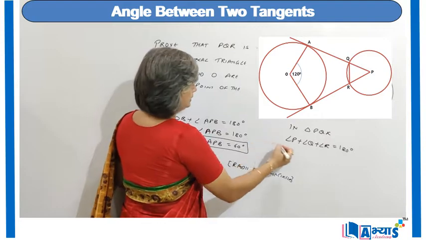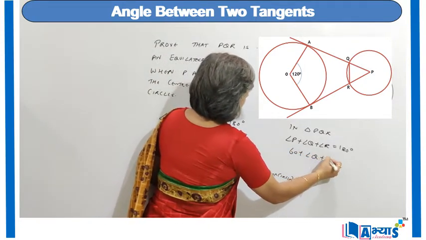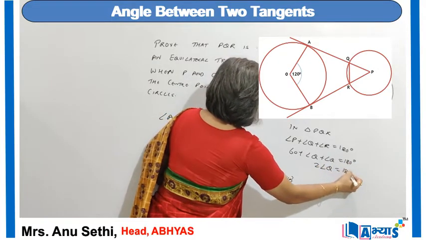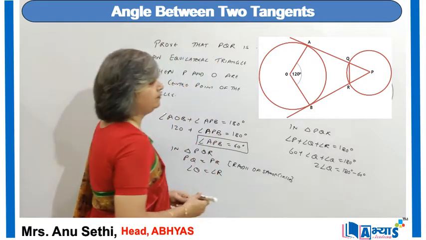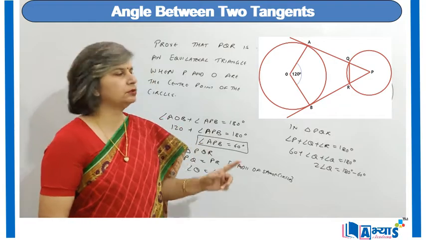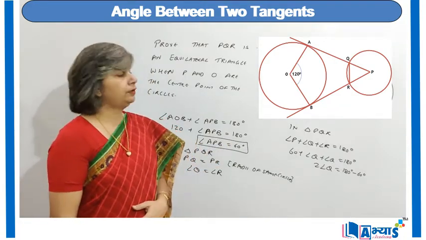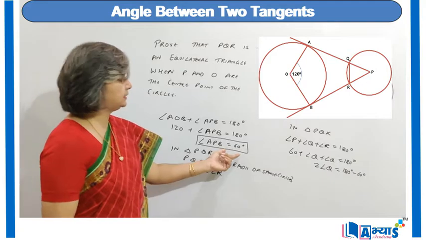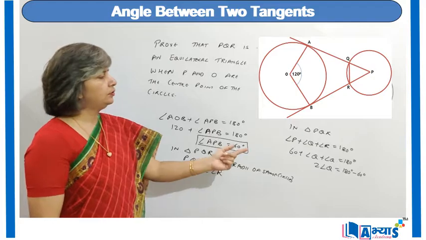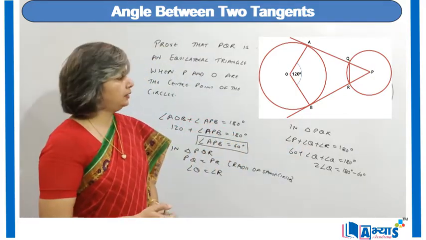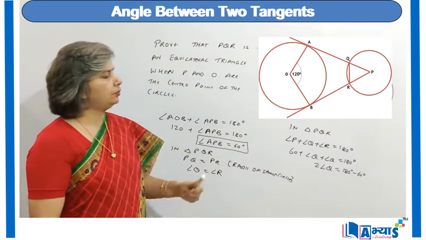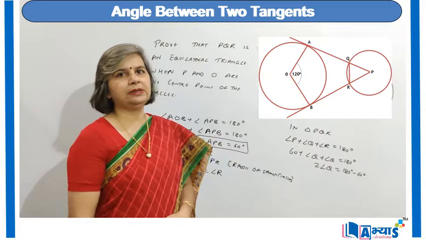We know that angle P is 60 degrees, and replacing R with Q, we get 60 degrees plus angle Q plus angle Q is equal to 180 degrees, or 2 times angle Q is equal to 180 degrees minus 60 degrees.